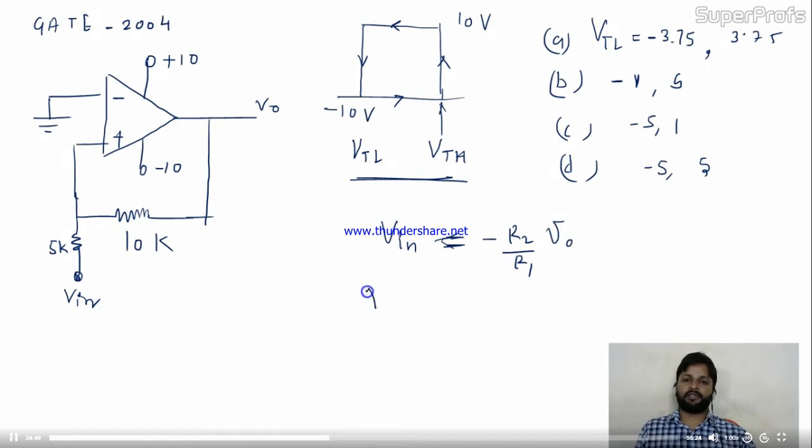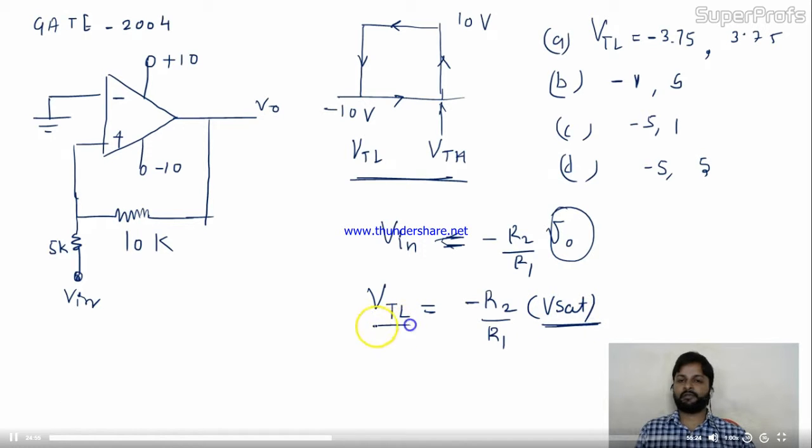For the lower point, if you want to calculate VTL, it will be minus R2 by R1, as it is, and this should be plus V saturation, because plus V saturation will be there, then only it will go to the lower threshold point. R2 is 10K, R1 is 5K. So minus 10K divided by 5K, and the saturation point is 10 itself.